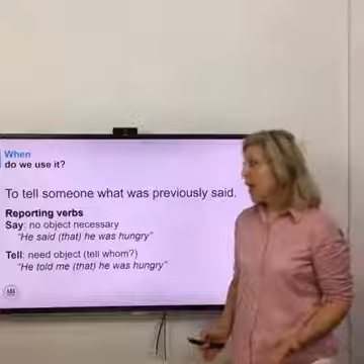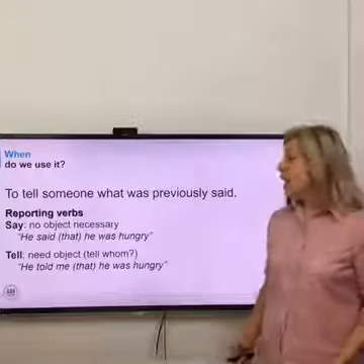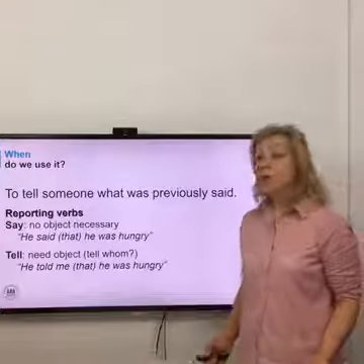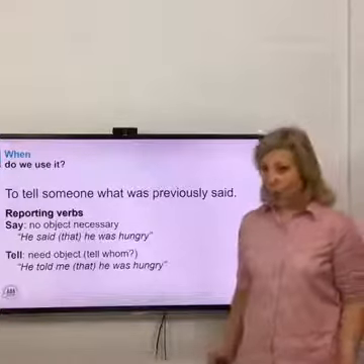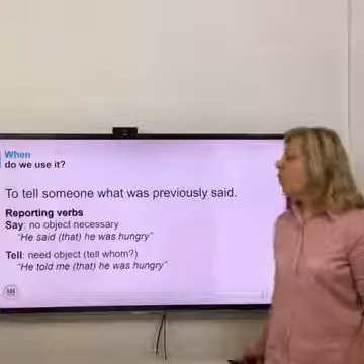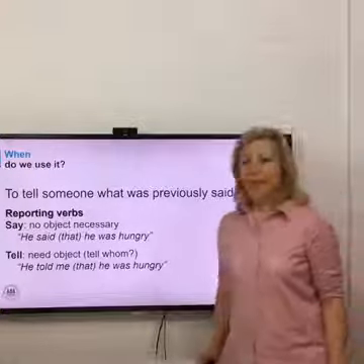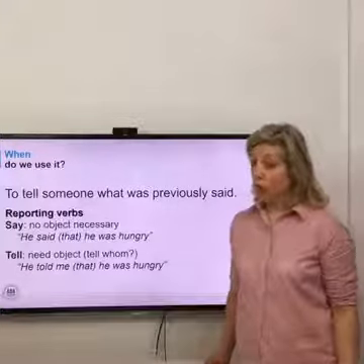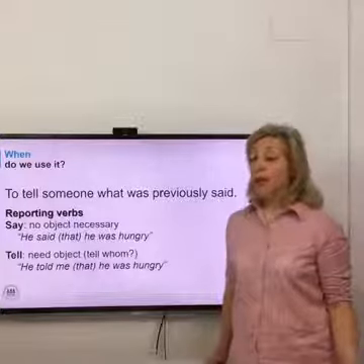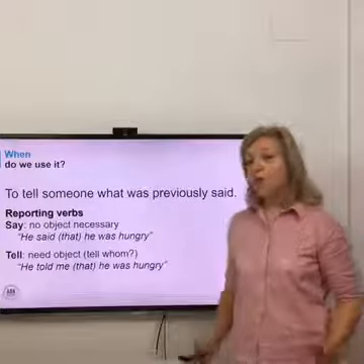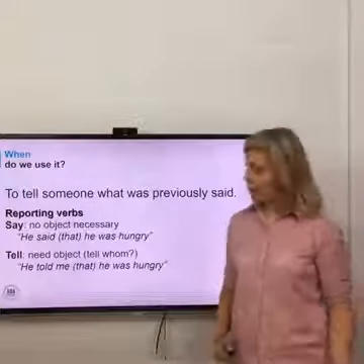But let's look here. To say, we use it and we don't necessarily put an object. So for example, he said he was hungry. Or we can say, he said that he was hungry. Did you see? The first time I didn't use that and the second time I did. So you can, you don't have to.